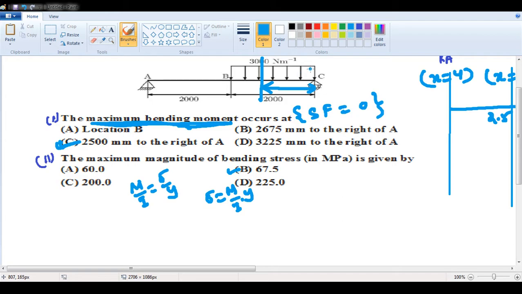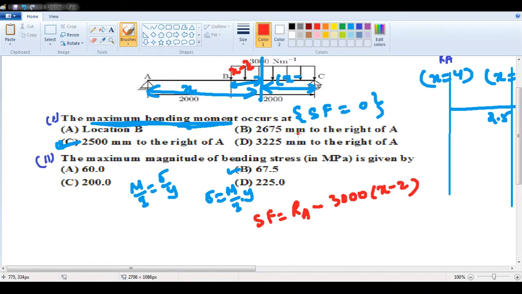So say this is a distance x, so this distance is x minus 2. So if you see in this way, that is Ra, shear force minus 3000 into x minus 2.